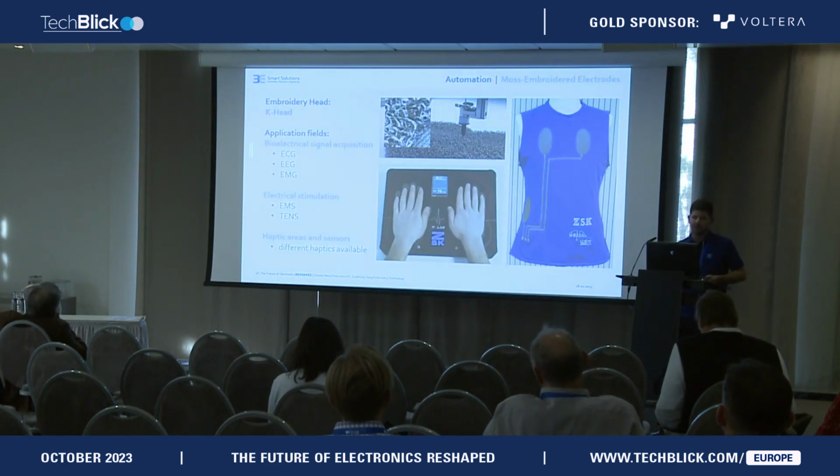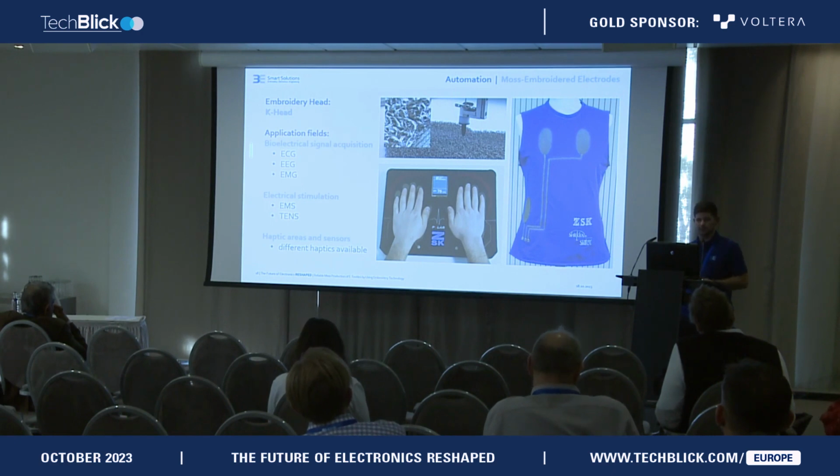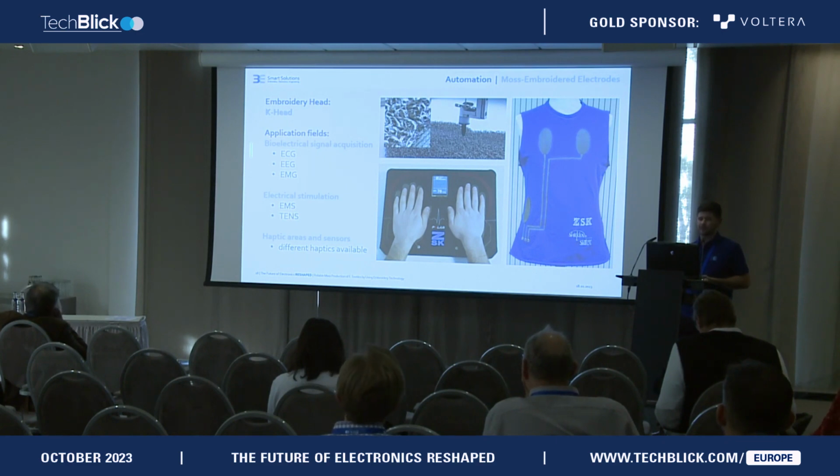For example, with the K-head, as I mentioned, we use it mainly to create three-dimensional structures that can be used to achieve certain haptics or electrodes that are worn close to the skin for biosignal acquisition or electrical stimulation.